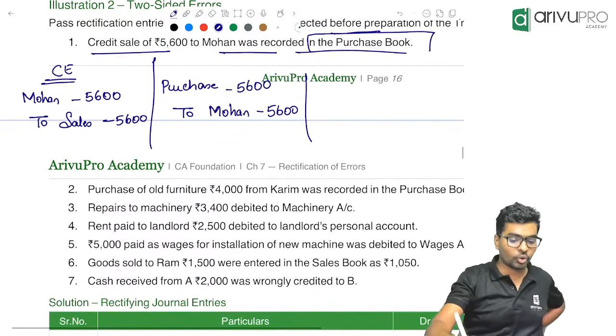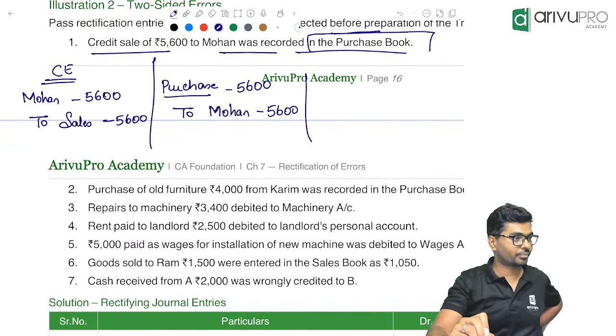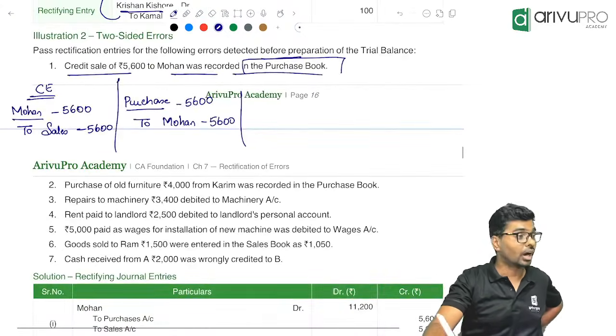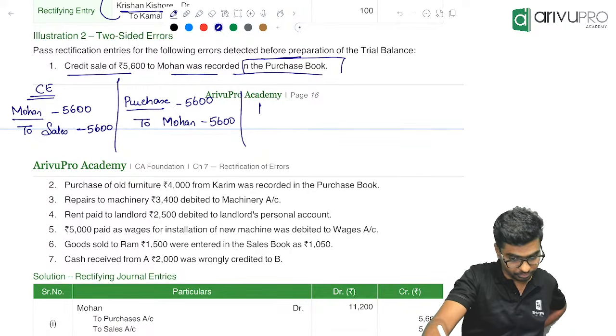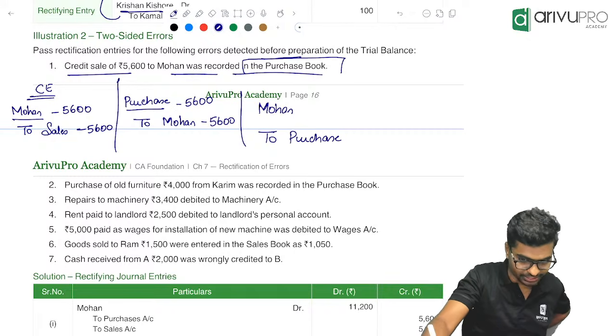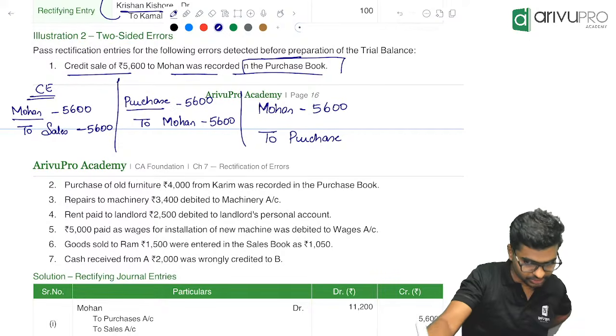Look into it. Who's debited? Who should have been debited? So, how do you rectify the debit? Mohan to purchase 5,600, 5,000.